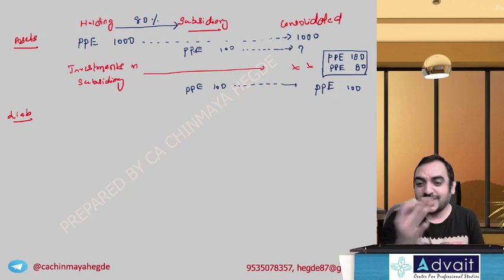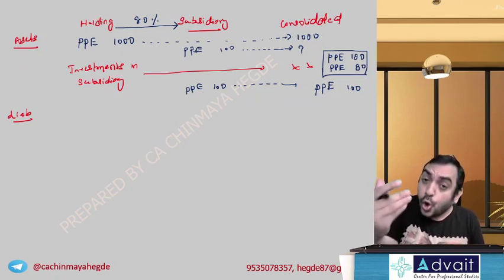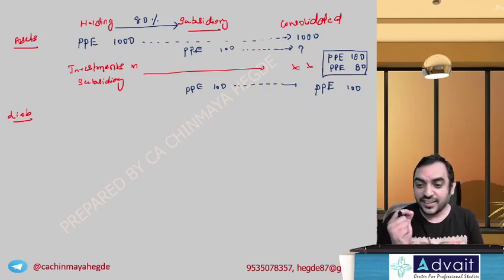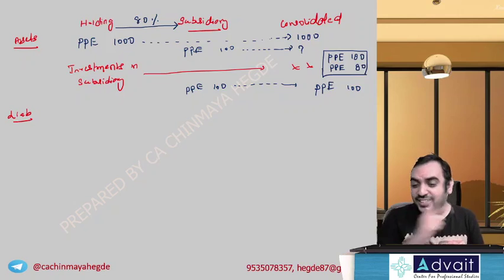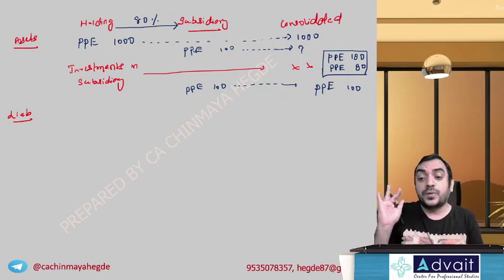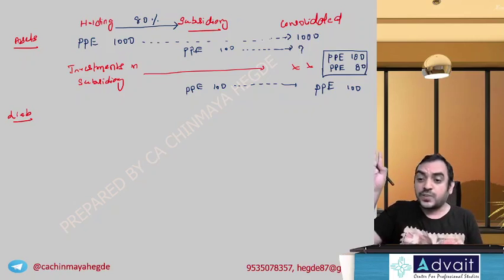What is the logic behind showing 100 even though you don't own 100? Can you think of that word? Your answer is right. It is 100 rupees. Entire assets, 100% of subsidiary company assets are consolidated irrespective of the holding by holding company. Either 80% full consolidation, 60% full consolidation.